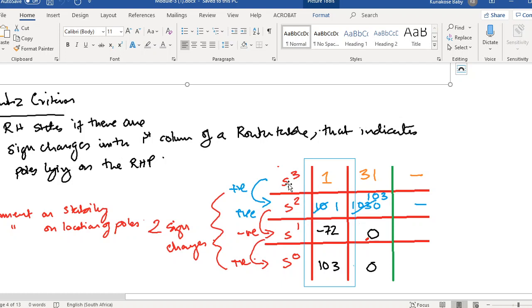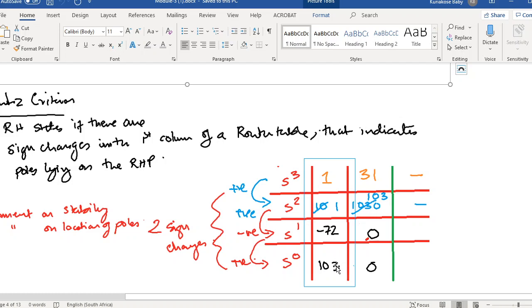If you have a look here, from s cubed to s squared, there are no sign changes. It's positive to positive. But when you go from s squared to s raised to 1, you go from 101 to minus 72, which means that there is a sign change. And when you go from s raised to 1 to s raised to 0, again, you're going from minus 72 to plus 103.